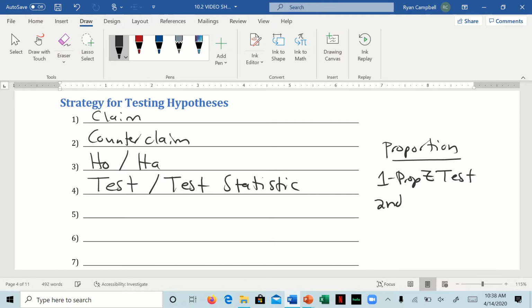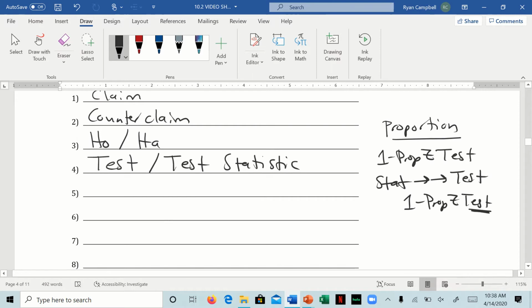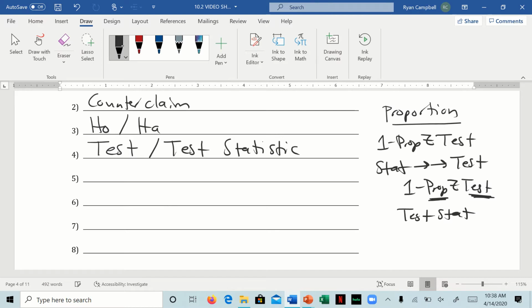So you go to stat, over to test. It should be about number 5. 1-prop z-test. It's where that 1-prop z-int was, right? Now, how do you know we're doing 1-prop z-test? Because we're testing a hypothesis about a proportion. Since it's a z-test, the test statistic in this case is going to be z.